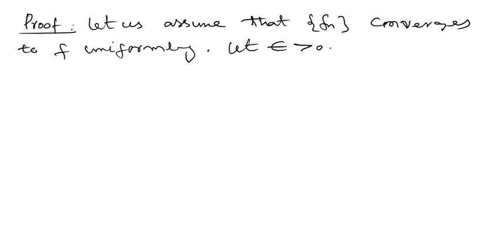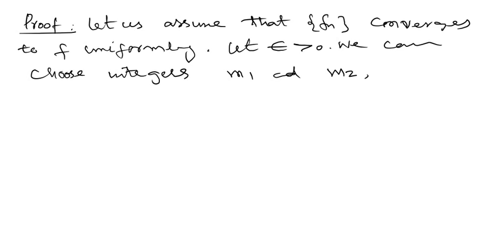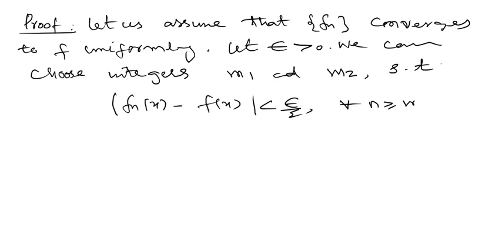Then we can choose integers m1 and m2 such that |f_n(x) - f(x)| is less than epsilon by 2 for all n greater or equal to m1.